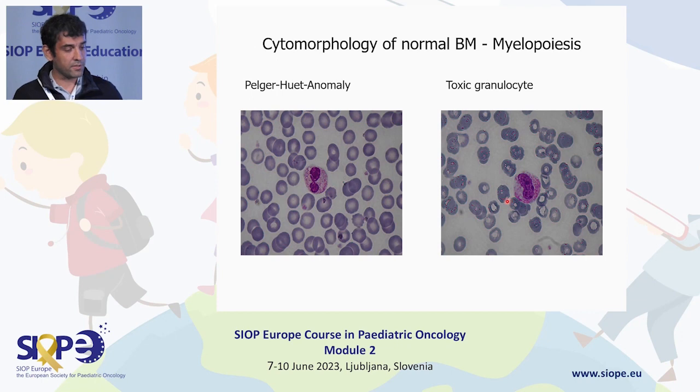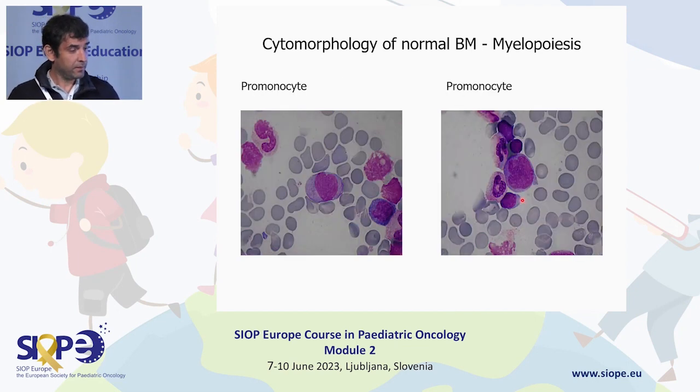Here you can see a toxic granulocyte, which is sometimes seen in peripheral blood when patients have a very, very severe infection, with this increased number of granules. This is the promonocyte.